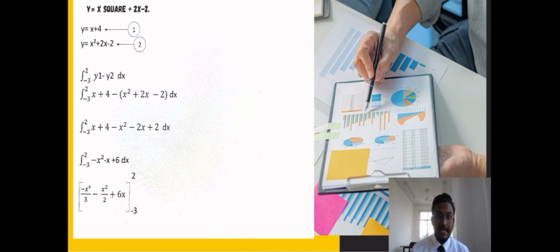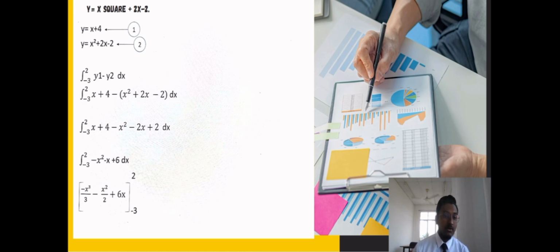Solutions for the question A and B. Determine the area bounded by a line y equals to x plus 4 and a curve y equals to x squared plus 2x minus 2, where our first equation is y equals to x plus 4 and y equals to x squared plus 2x minus 2 is our second equation.